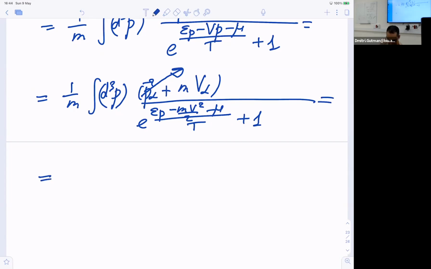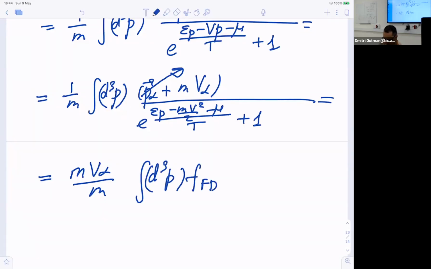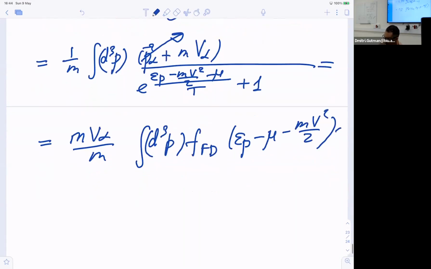And I end up having m v alpha divided by m integral d3p Fermi-Dirac function epsilon p minus nu minus mv square over 2. And this is approximately equal to v alpha times rho at R and T.